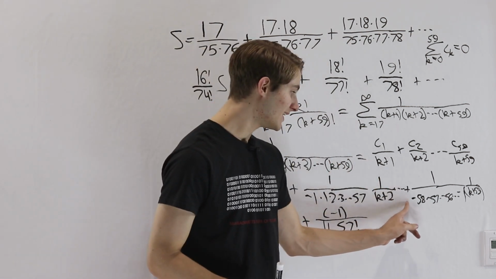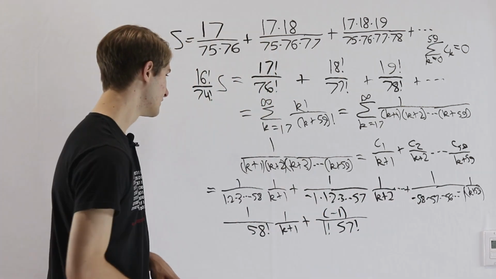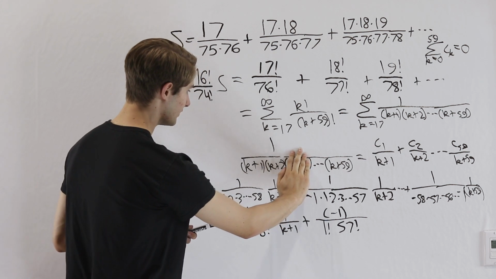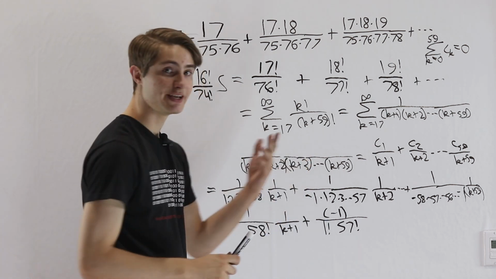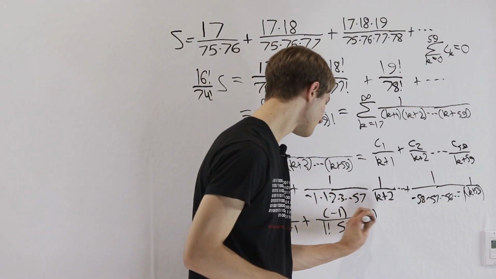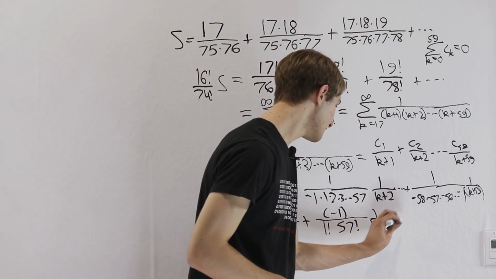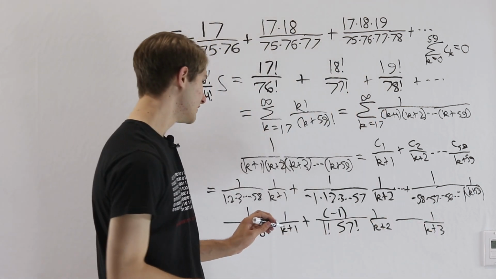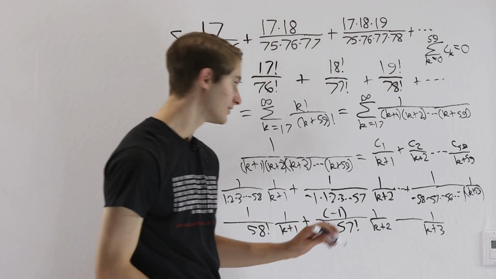If we think about what the k plus 3 term would have been, we go over here, cover up k plus 3, and plug in negative 3. Well, that would be negative 3 plus 1 is negative 2, and then negative 3 plus 2 is negative 1. So the k plus 3 term over here would actually be divided by, well, we have negative 2 times negative 1.